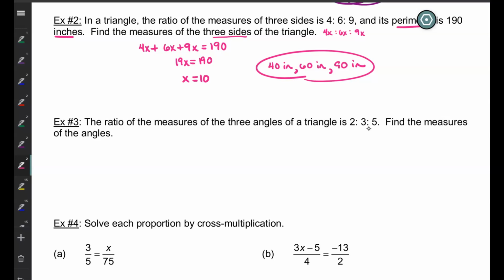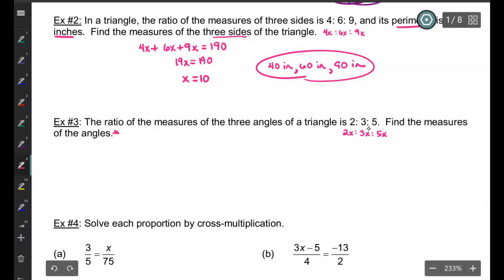The ratio of the measures of three angles of a triangle is 2 to 3 to 5. So again, I'm going to introduce my variable x. And that's all the information that was given. We're finding the measure of the angles. Well, what do we know about the sum of the three angles in a triangle?